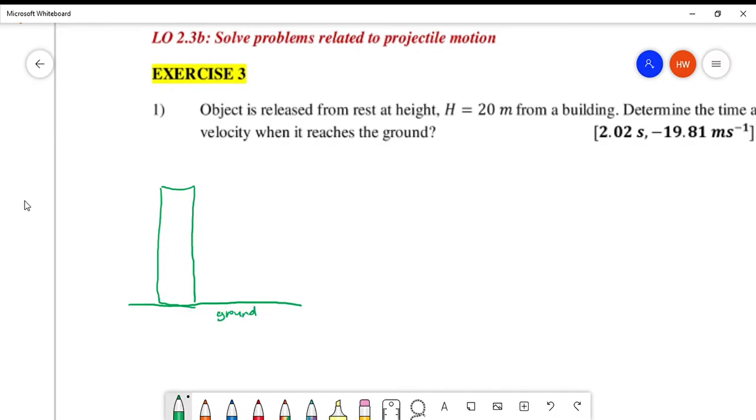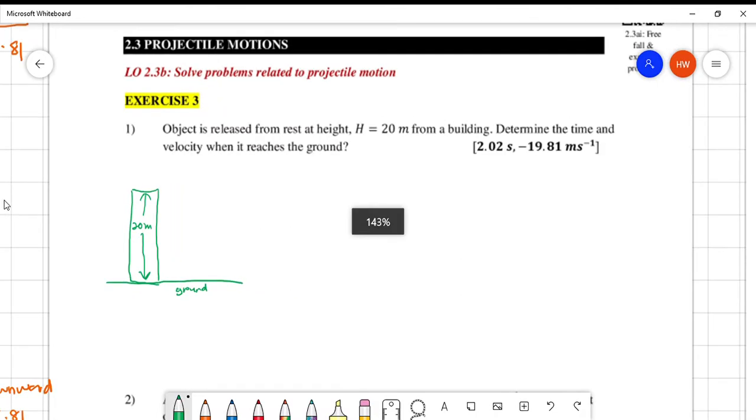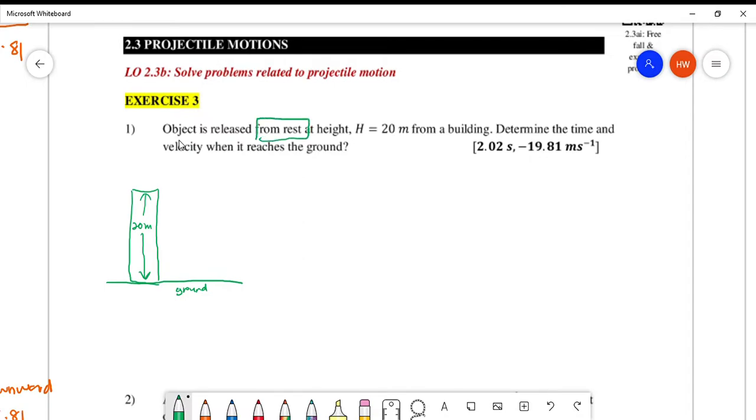So the height of the building is given by 20 meter. Determine the time and velocity when it reach the ground. Kat sini ada perkataan from rest, is released from rest. Therefore, we know that U is equal to 0.